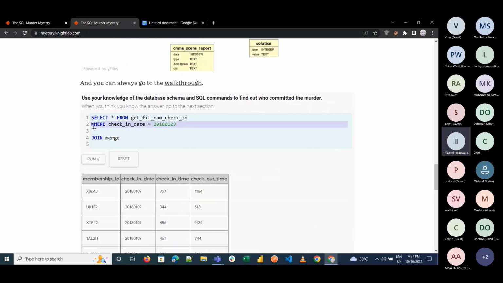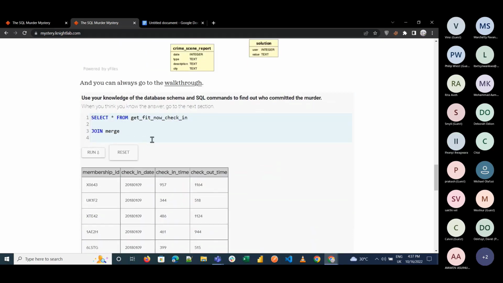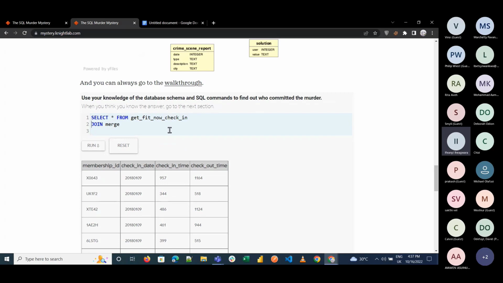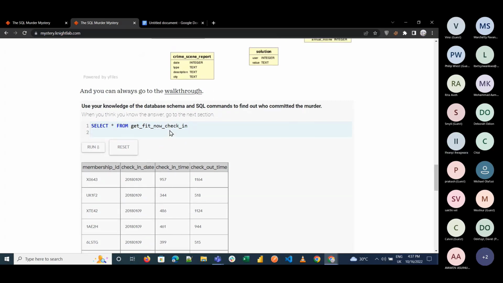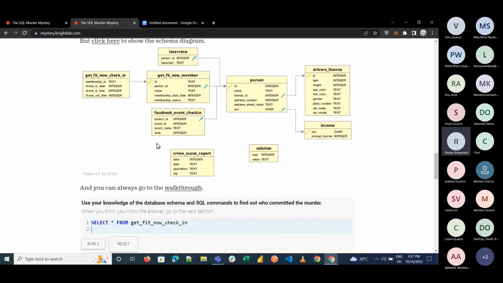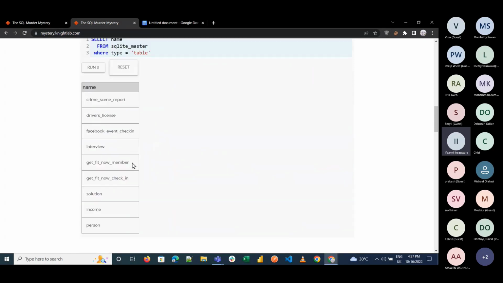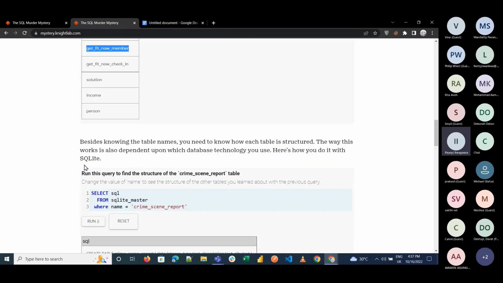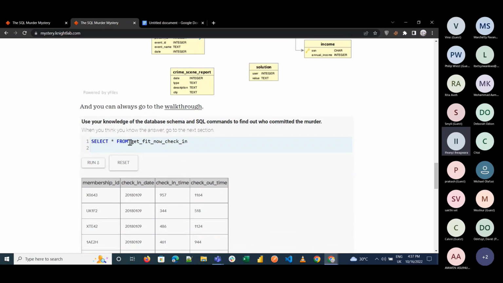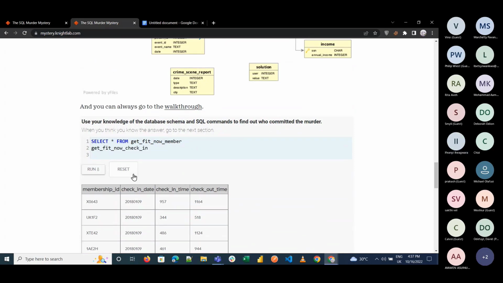Okay, so let's merge these two tables together. We're going to merge the check-in members table with the Get Fit Now members table.